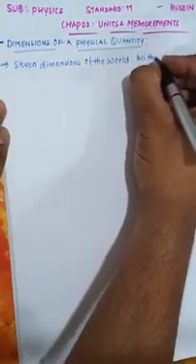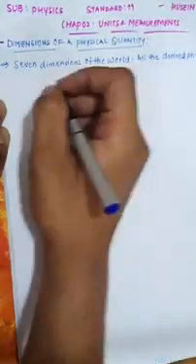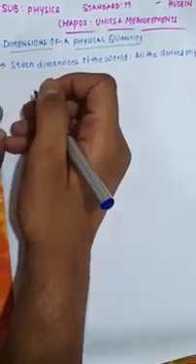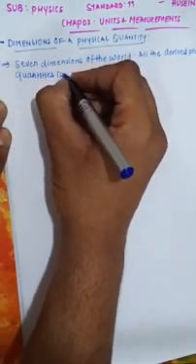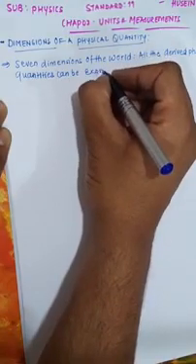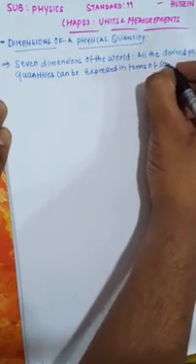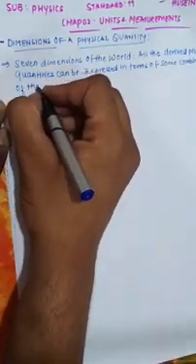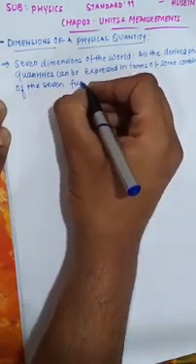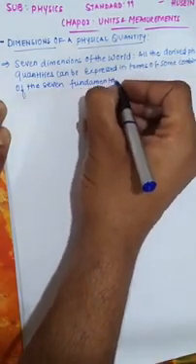All the derived physical quantities can be expressed in terms of some combinations of the 7 fundamental or base quantities.